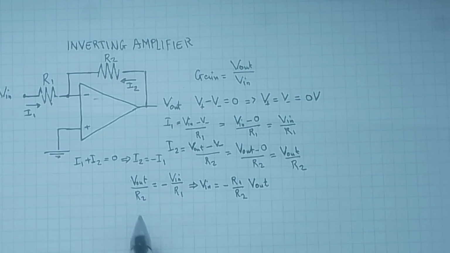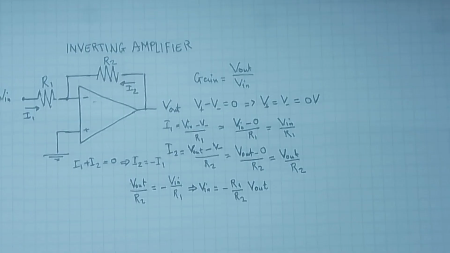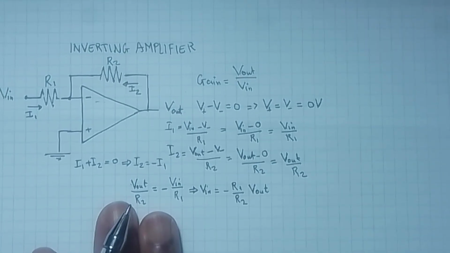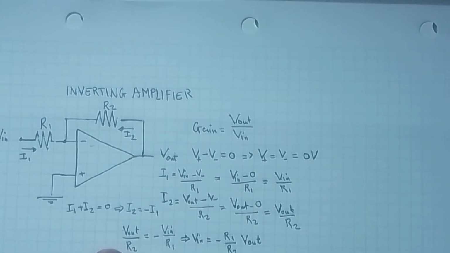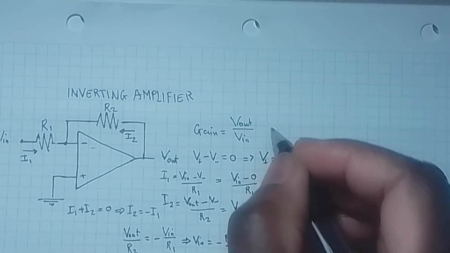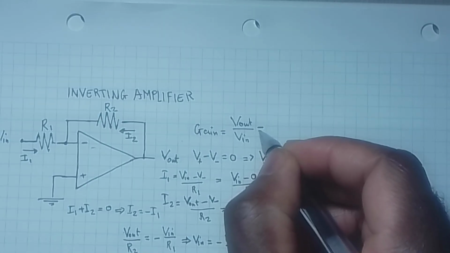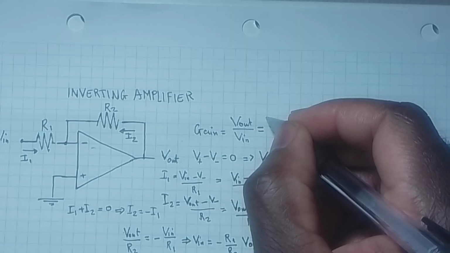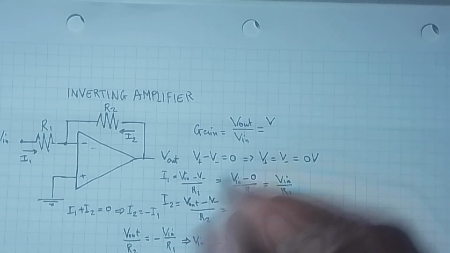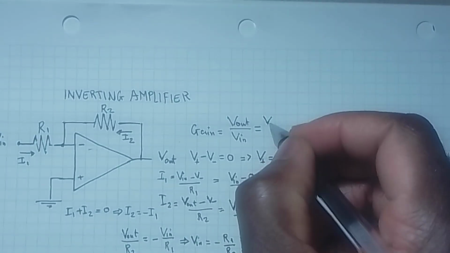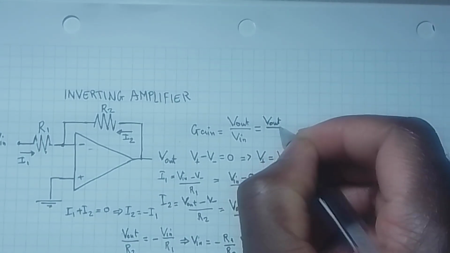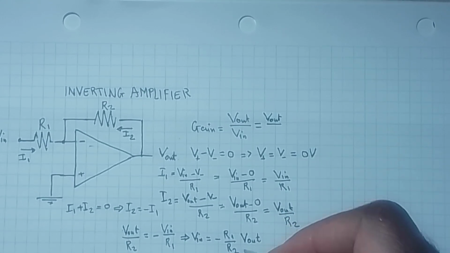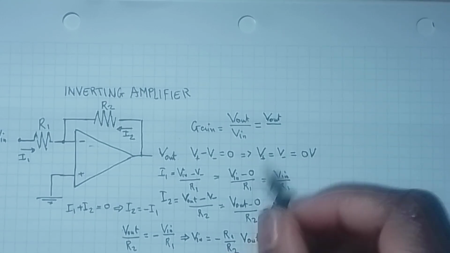So now that we know V in, we can put it into the formula for the gain to calculate the gain. We know the gain is V out over V in.